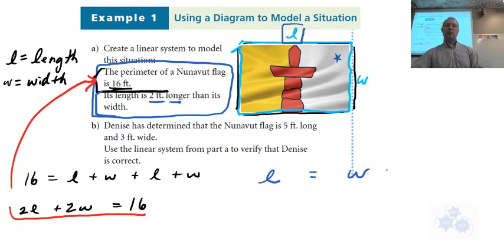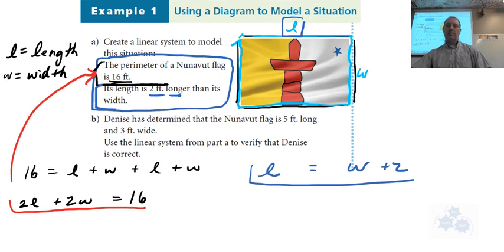So I'm going to go width plus 2. I usually like adding over subtracting, because with subtracting, sometimes there are more mistakes that can happen when you have a minus than a plus. So I usually try to add to the smaller side. That's a good hint for you guys. Okay, so there are our two equations.